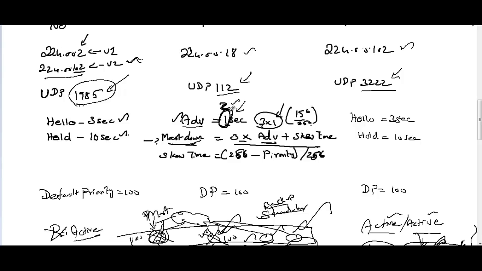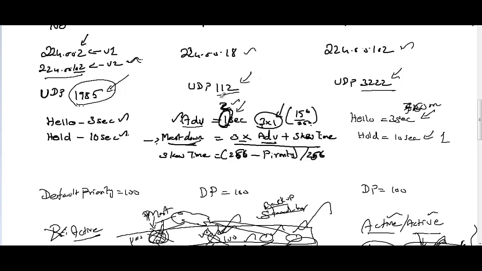Whereas in HSRP and GLBP, you are free to change both hello time as well as hold time. You can have hello time as 512 or 750 milliseconds, and you can have hold time as every 1 second.